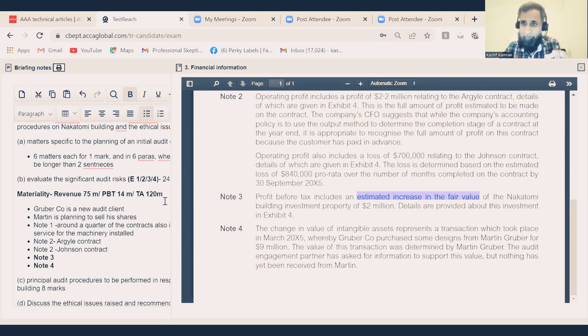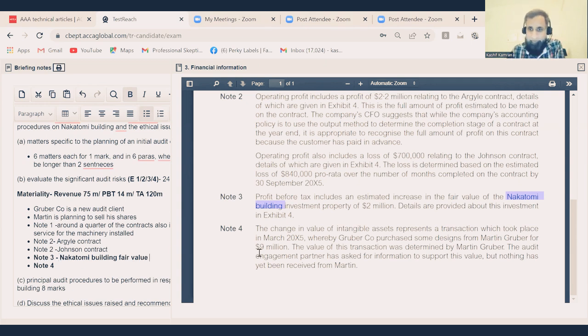Can we record investment properties at fair value? Yes. Do the ISAs give us permission for that? Yes. But what is wrong? The estimated increase in fair value. So what if the fair value is wrong? Can the profit be overstated if the fair value is wrong? So in note number 3, we have a very specific risk: the Nakatomi building, and the fair value of the Nakatomi building becomes a very specific risk.